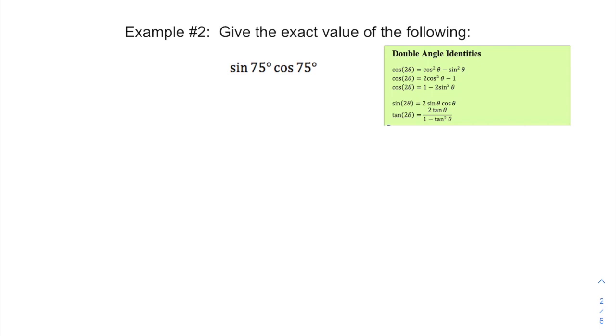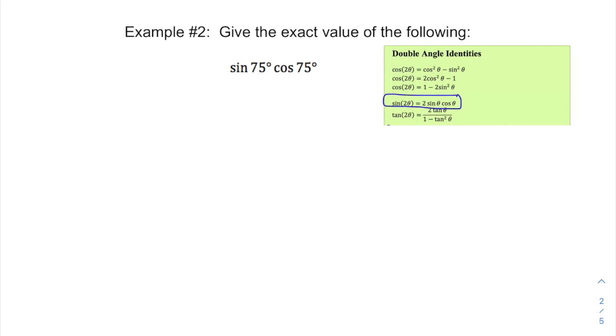So yes, I could find sine 75 using sine of 30 plus 45, and cosine would be cosine of 30 plus 45, and then take my two answers and FOIL them together. Here's a simpler way. I notice that I have an identity right here that is almost what I'm looking for here.